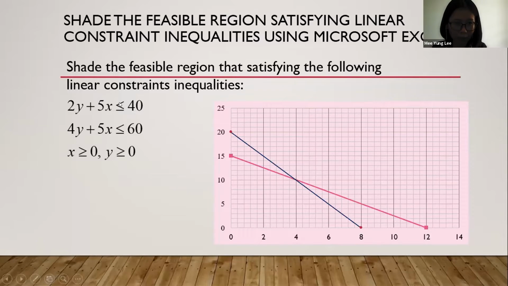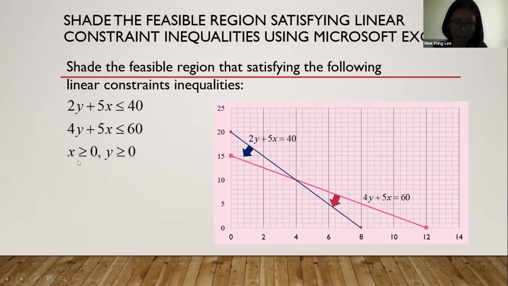Okay, so if you look at the inequality symbol here, we have less than or equal to for the first constraint. And for the second constraint, also less than or equal to. Meaning that it will be the area below these two lines. Okay. So I use an arrow symbol to represent that later on I would like to have the area below these two lines.